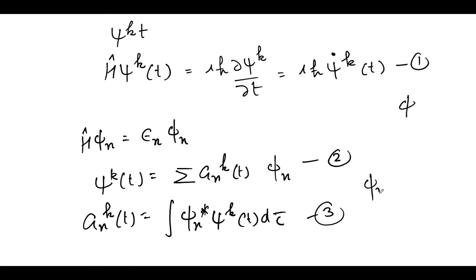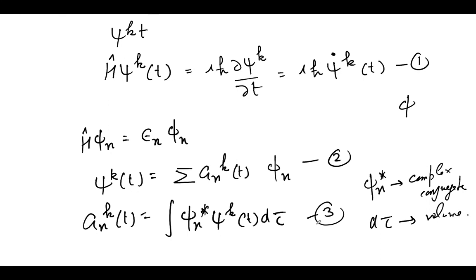Here phi n star is the complex conjugate of function phi n, and delta tau is the volume element in this coordinate space, that is, the characterized volume.